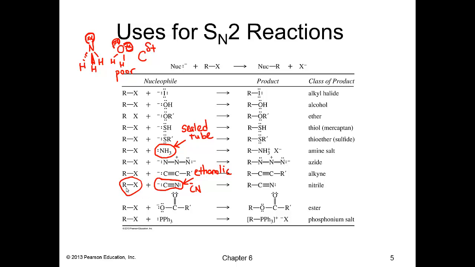Now, the RX is not very soluble in water. The CN minus is very soluble in water. And the converse is true for organic solvents. RX is very soluble in organic solvents, but CN minus is not soluble in organic solvent.